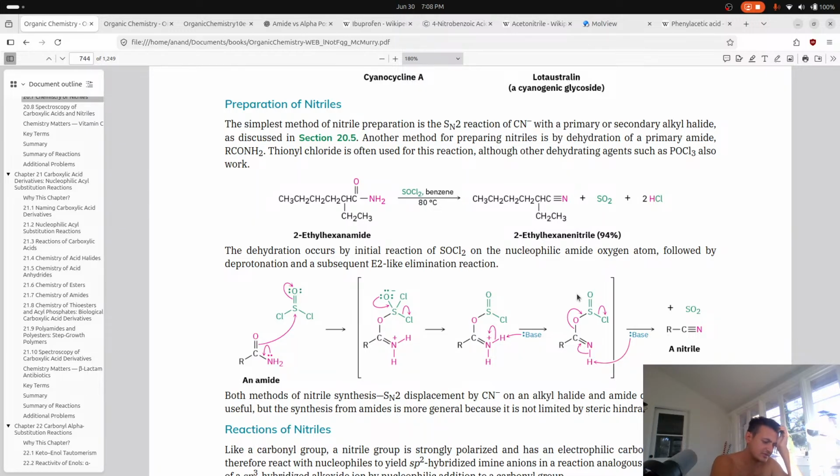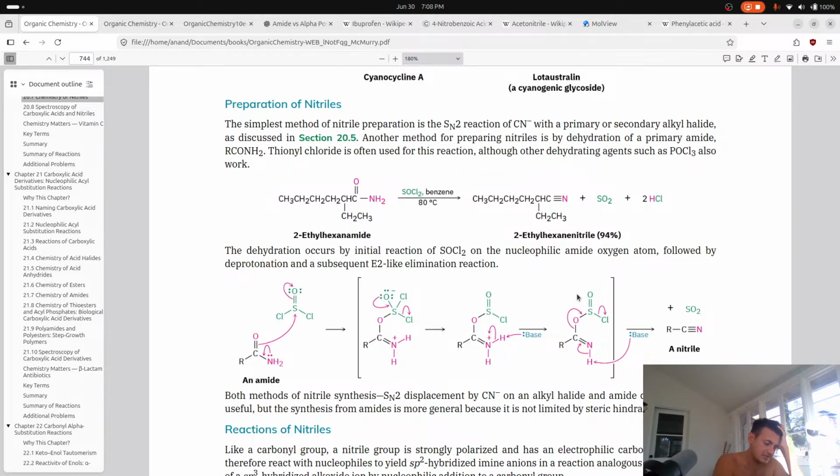And then this lone pair comes in, dumps back into a pi, kicks off a chlorine, and then that makes R, C, N, H plus, O, S double bond O, Cl, and we have a Cl minus.